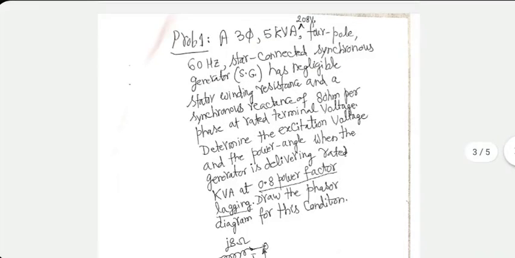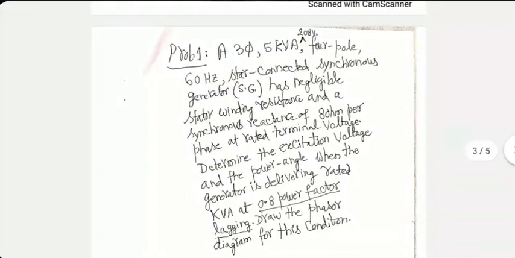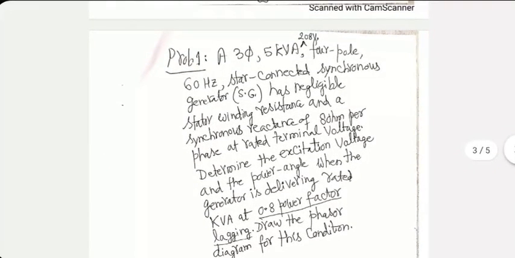Now, one numerical example based on this equivalent circuit. A 3-phase, 5 kVA, that means three phase, 5 kVA. This is the rating on the nameplate of the generator. 208 volt, 4 pole, 60 hertz, star connected, synchronous generator has negligible stator winding resistance.